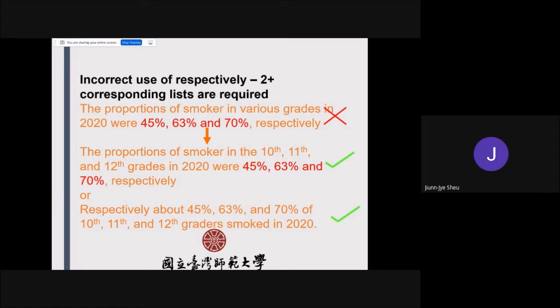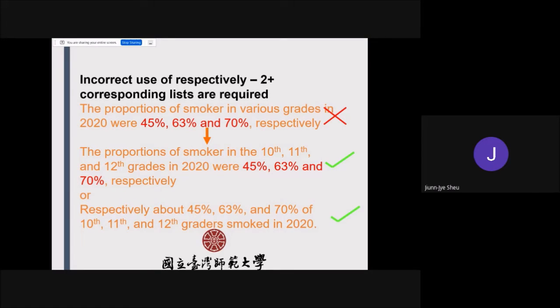The first one says the proportion of smokers in various grades in 2020 were 45%, 63%, and 70% respectively. That is not right. You want to say which three grades. They need to correspond with the percentages when you use respectively.